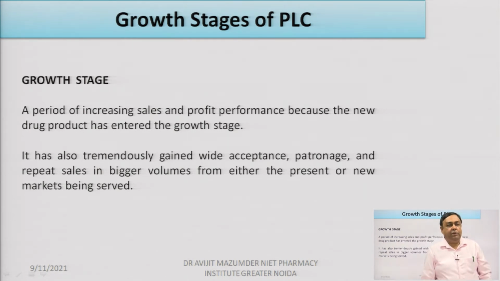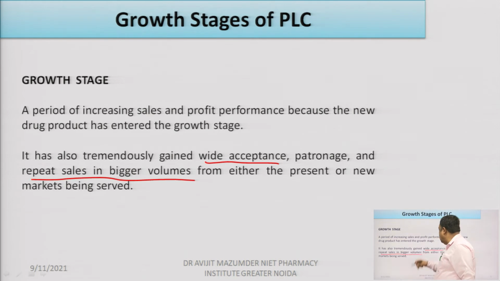It has also tremendously gained wide acceptance, patronage, repeated selling in bigger volumes from either the present or new marketers or customers which are being served. So, it is the stage in which the product acceptance is wide, repeated selling in biggest volume are very common.